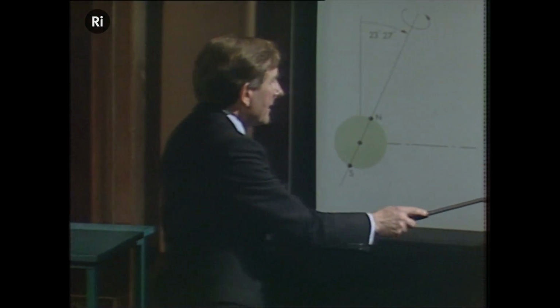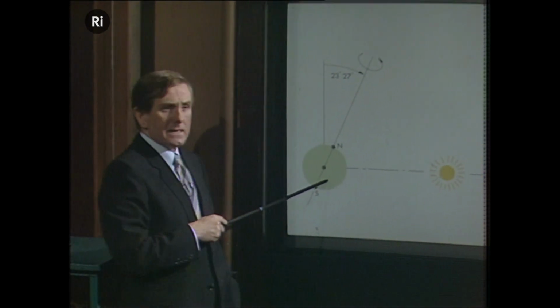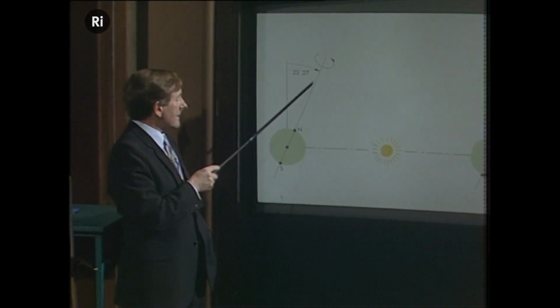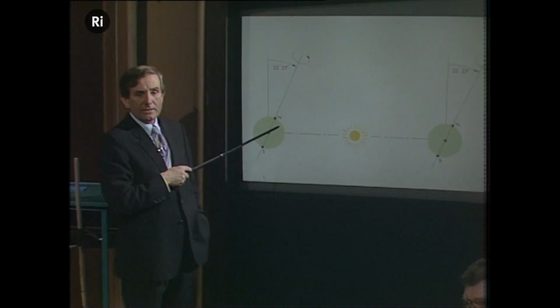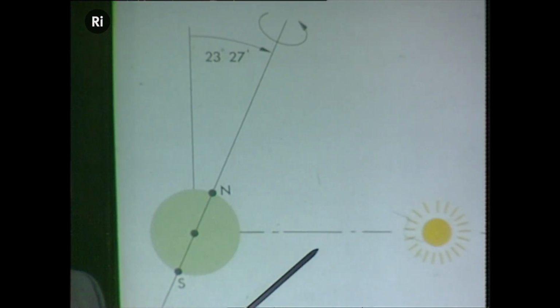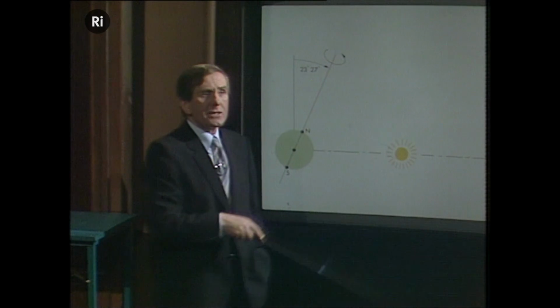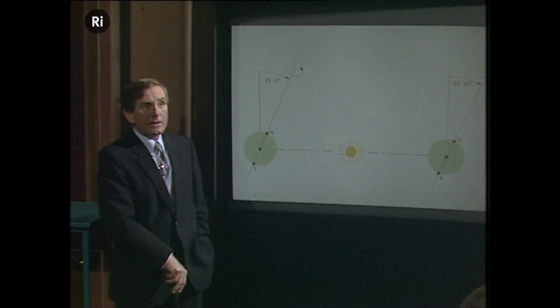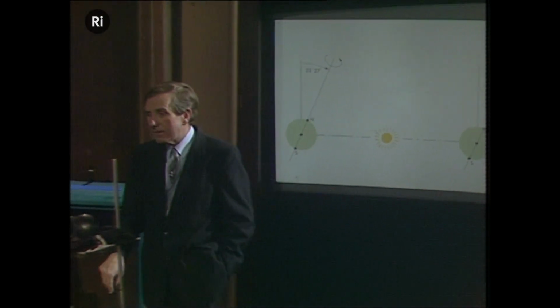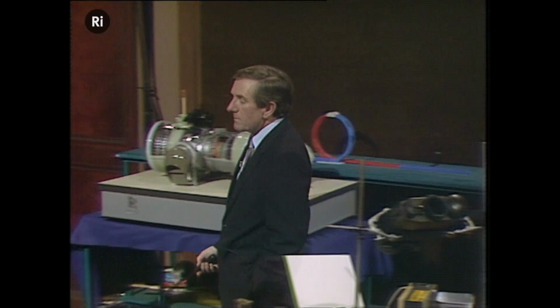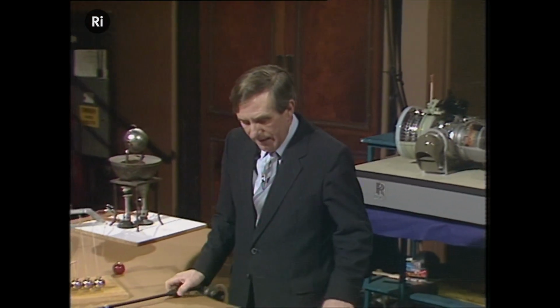So that by the time the Earth has come around 6 months later to the other side of the Sun, the axis is still pointing in space in the same direction. And that stability of the axis is conferred by the rather slow spin, but the very large angular momentum about that axis. And this is a very important characteristic of spinning bodies, as we shall see in a moment.